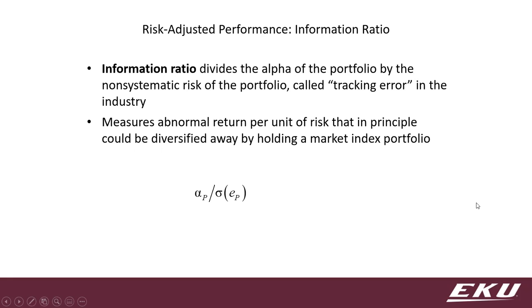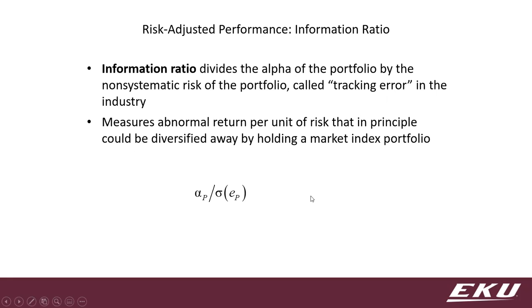This one's a little bit different. The information ratio, if you notice, it starts with alpha, right? So it looks at the abnormal return, and then it's dividing that by this non-systematic portion of risk, right? They call this the tracking error.